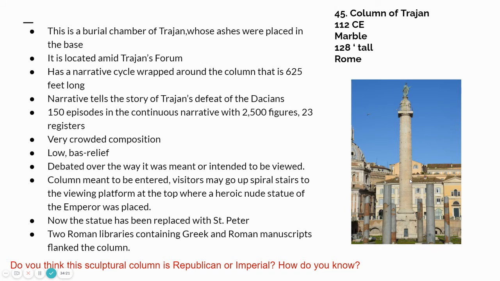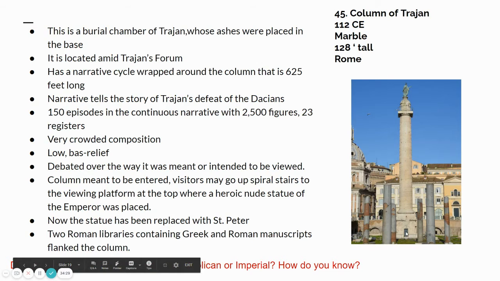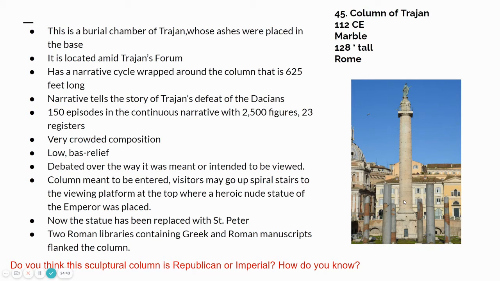And so on that note, what we understand is that the column itself was meant to be entered, okay? So this down here, the actual tomb part of it, was a doorway, okay? So you were meant to enter the door, and then up inside the column, a lot like the Statue of Liberty, there's a spiral staircase, okay?